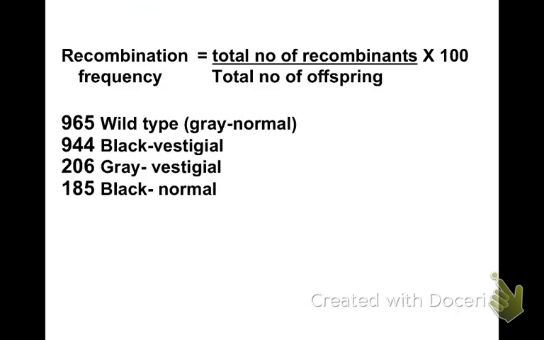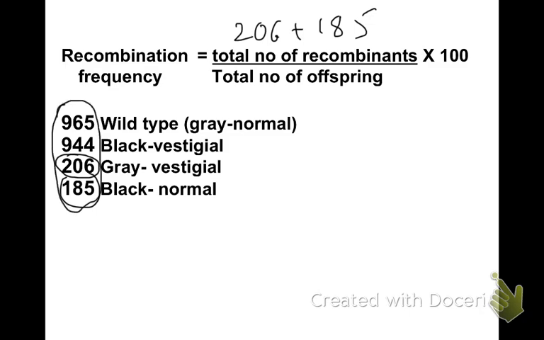Okay, so the recombination frequency, how do you find out what is the frequency with which this happens? Find out how many number of recombinants you had. So they had 206 and 185. So that is 206 plus 185. And what is the total number of offsprings? All of these put together, multiplied by 100, will give you the recombination frequency. In our case, it is 17%.